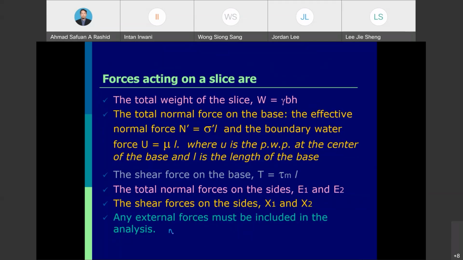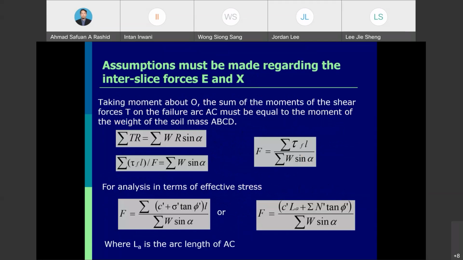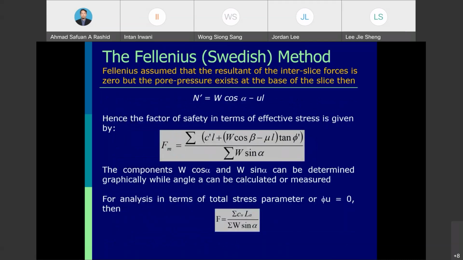For example, if it is considered as moment, we need to use the same unit of moment. This is the derivation for the ordinary method of slices, which doesn't have any pore water pressure. Then Fellenius includes the pore water pressure in the equation.